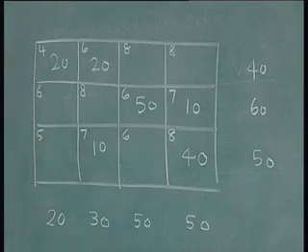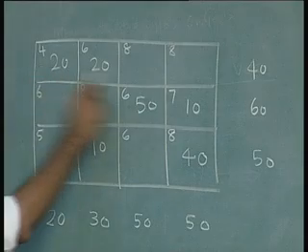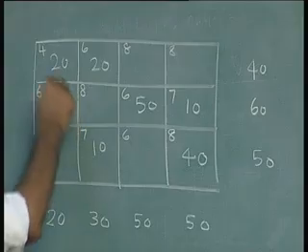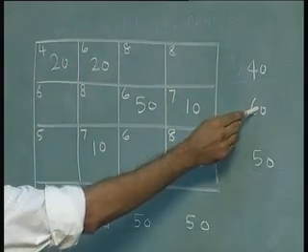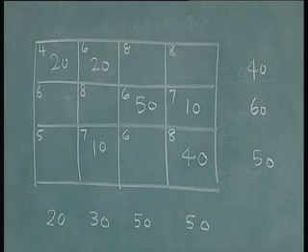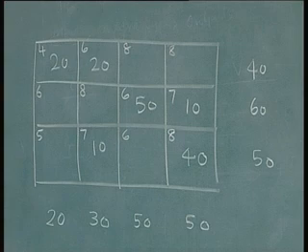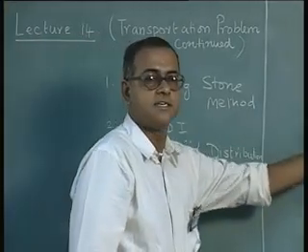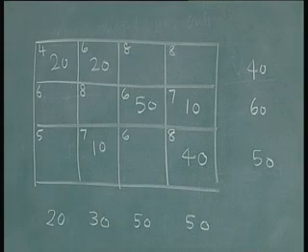Now this solution is basic feasible because it satisfies all the supply and demand constraints. The row totals are 40, 60, 50, column totals are 20, 30, 50, 50 respectively. It does not have a loop, it satisfies the non-negativity restriction, it has exactly m plus n minus 1 allocations, it is not degenerate. So we have a non-degenerate basic feasible solution to begin with.